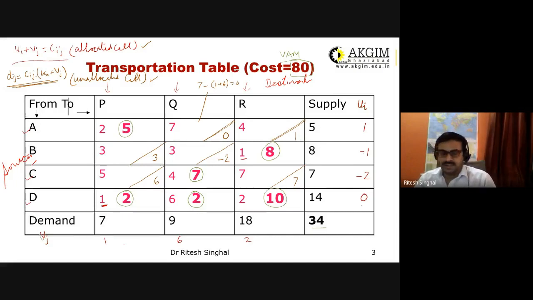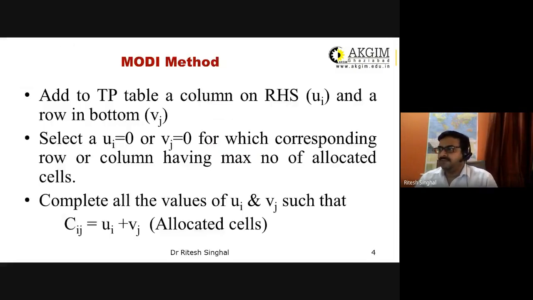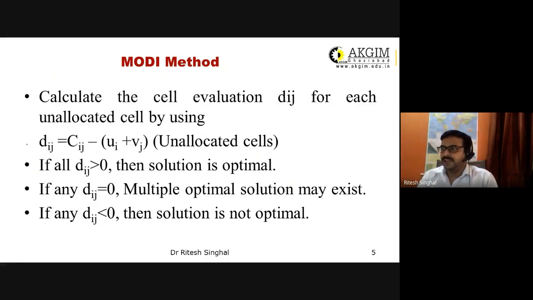Now let's move further. If all Dij are positive, then the solution is already optimal. If any Dij is zero, it means multiple optimal solutions may exist. If any Dij is negative, it is an indication that the solution is not optimal, and we have to make it optimal.